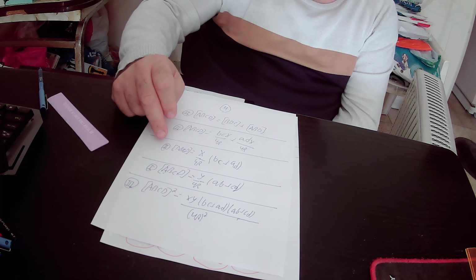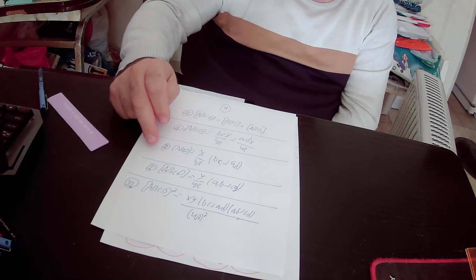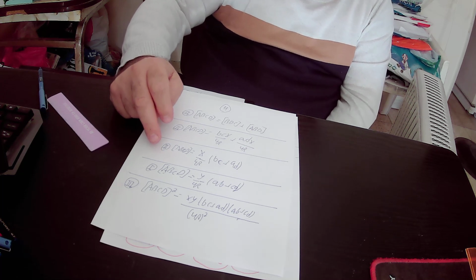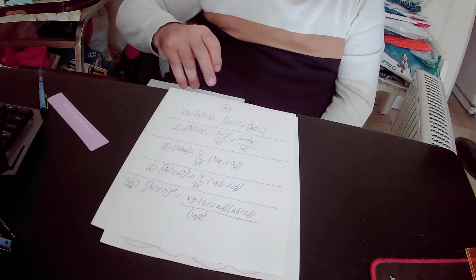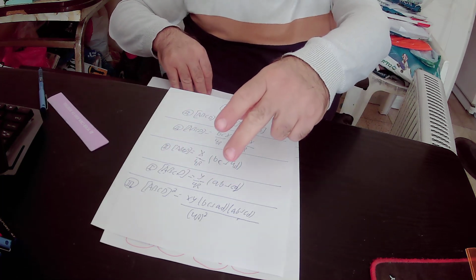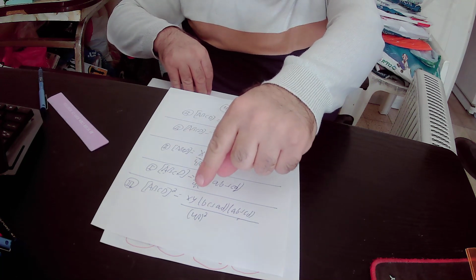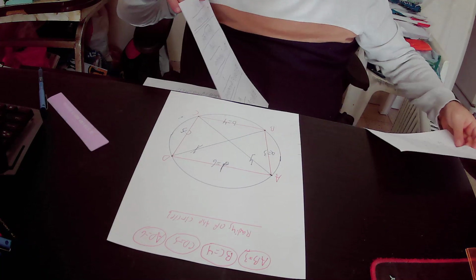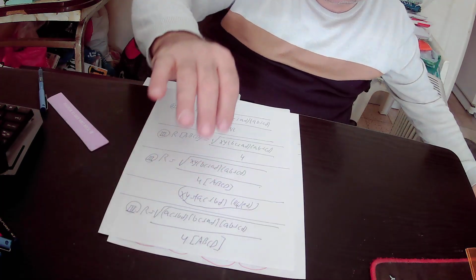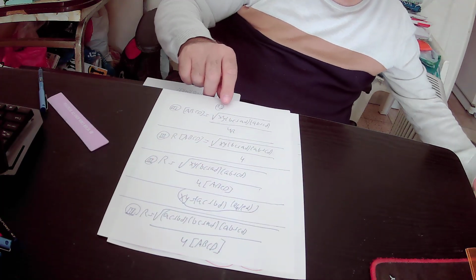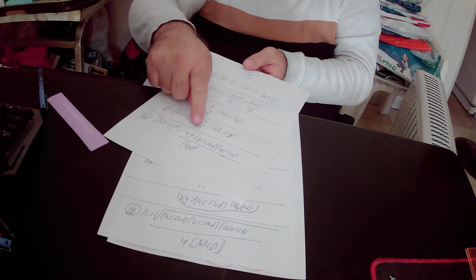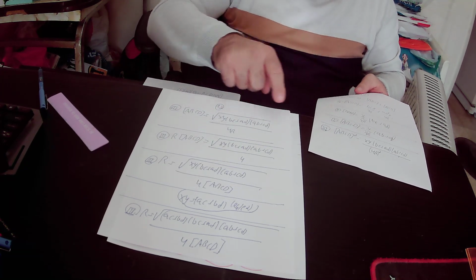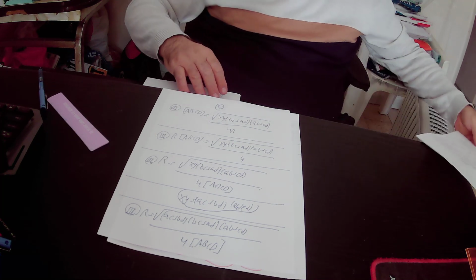So we multiplied equation number 1 by equation number 2, and we got that the area of quadrilateral ABCD squared equals this expression. Then we took a root of this equation number 3, and we got that the area of quadrilateral ABCD equals the root of this expression, and the root of 4R squared equals 4R.